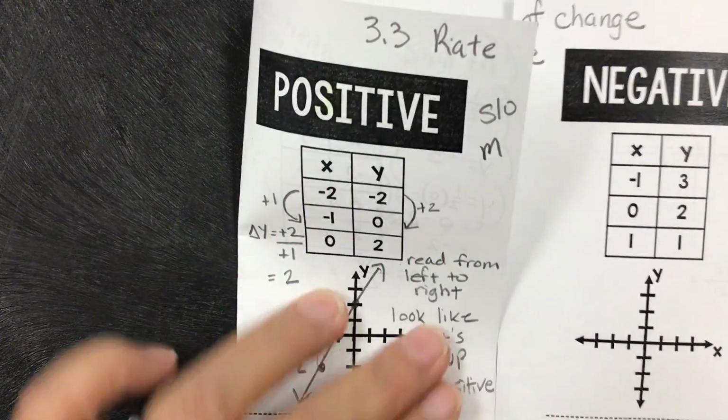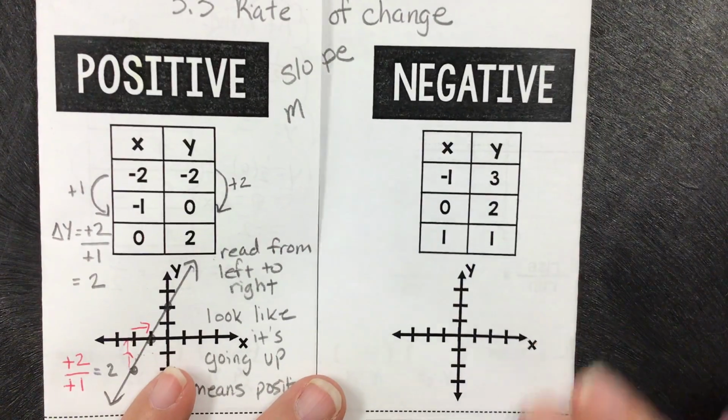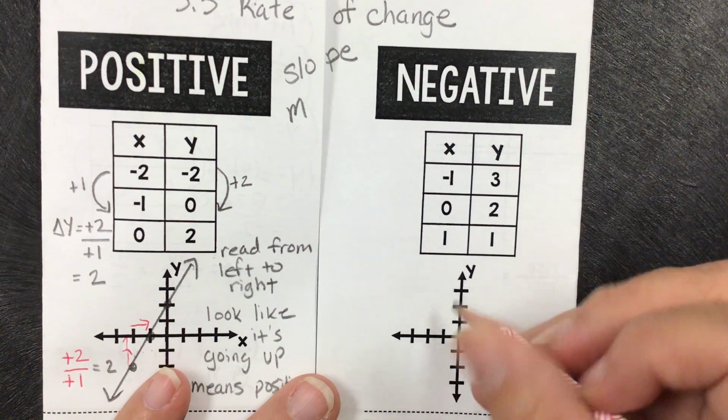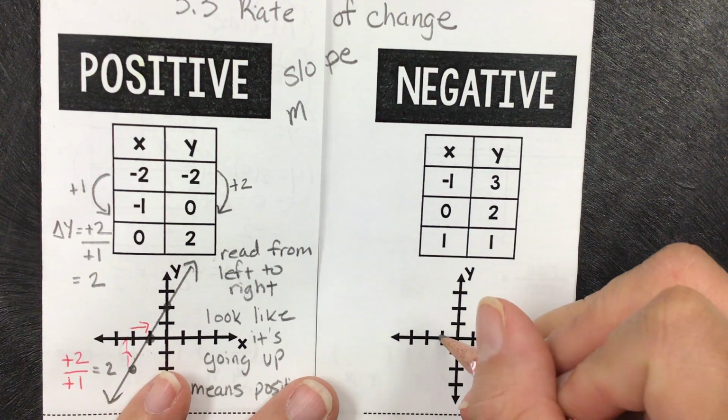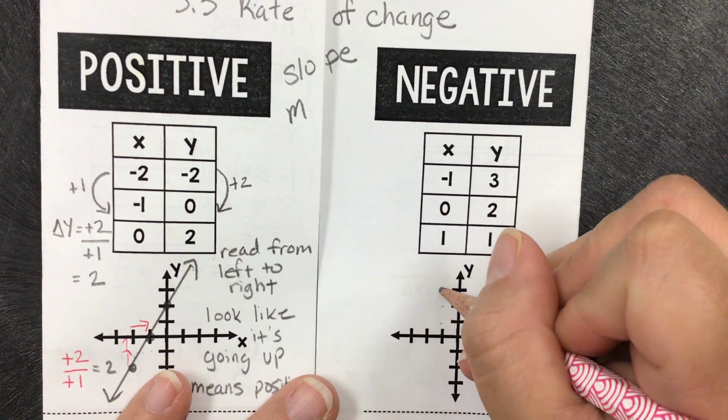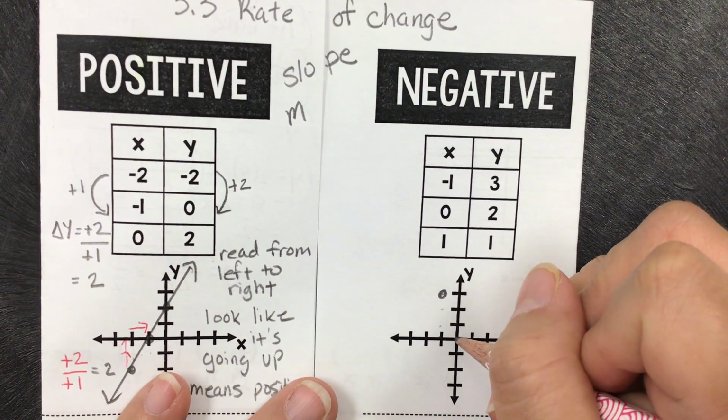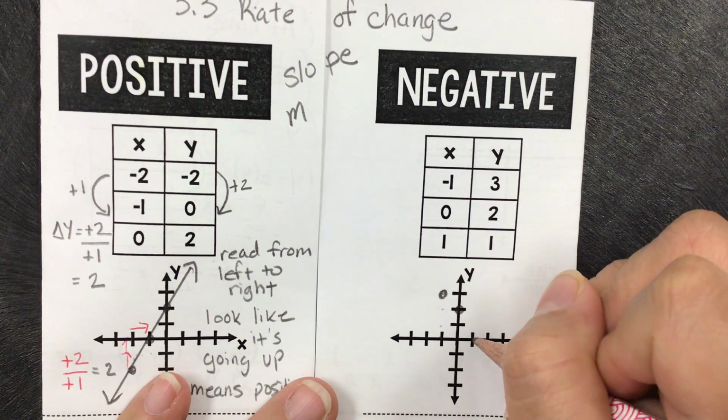Let's plot the points first. -1, 3; 0, 2; 1, 1.